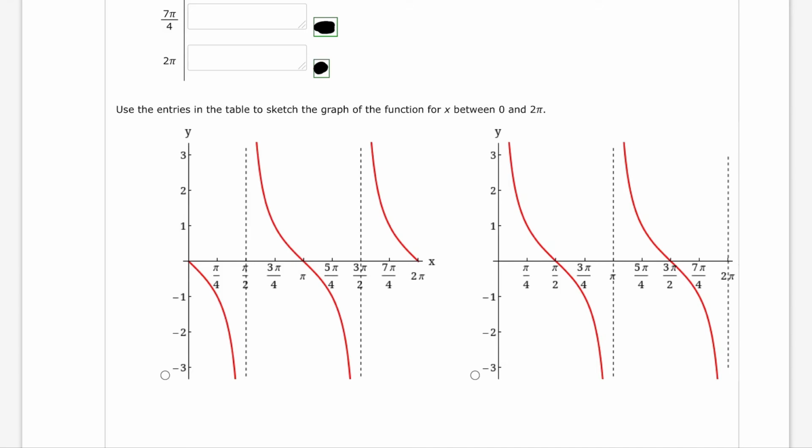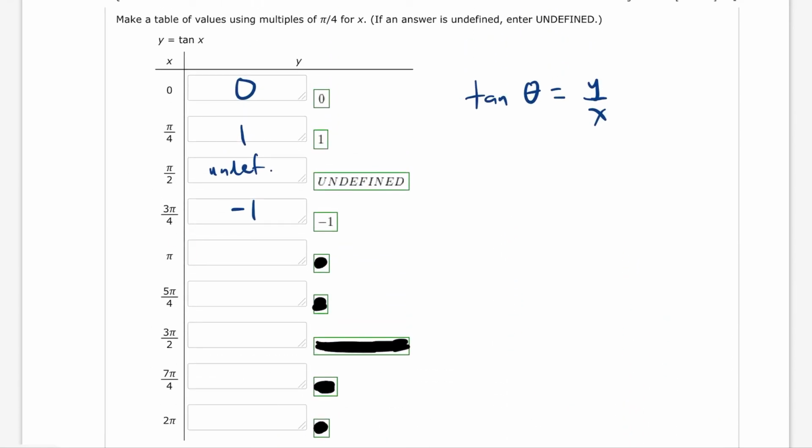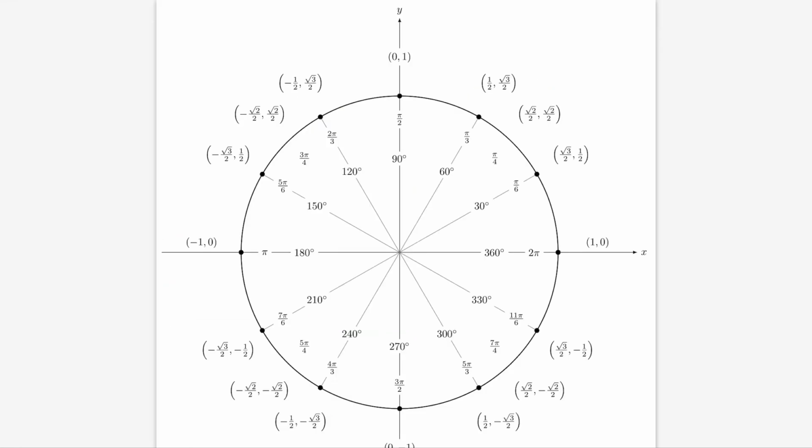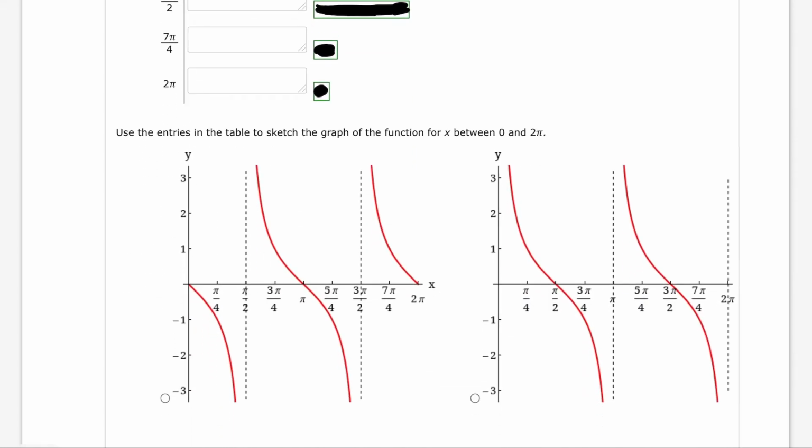This one cannot be it because at pi, oh, we didn't do that one yet. At pi, y divided by x is 0. So this one's 0. So at pi it should be 0, so it can't be that one. This one potentially could be.